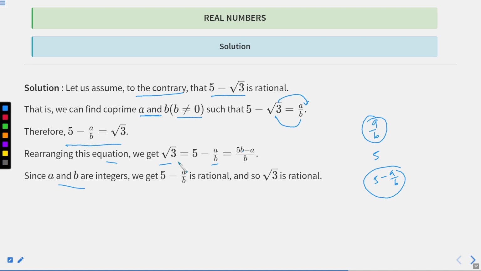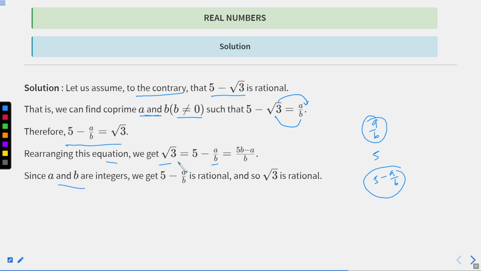There we considered root 3 to be a rational number, and by the definition of rational number, root 3 can be written as a over b. Then we get root 3 times b is equal to a. Squaring and rearranging, we get 3b square equal to a square. From this, 3 divides a square, and by the previous theorem 3 divides a.